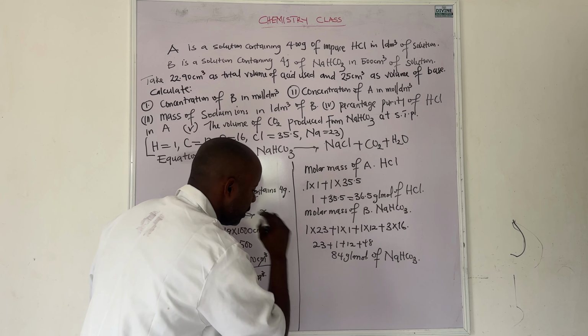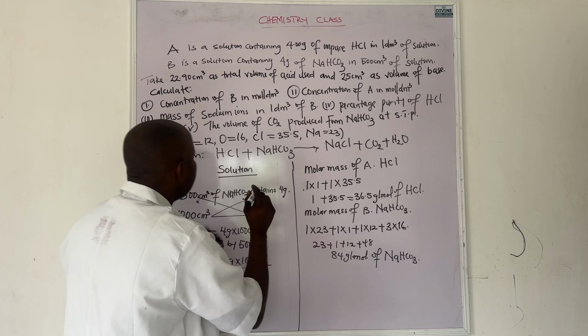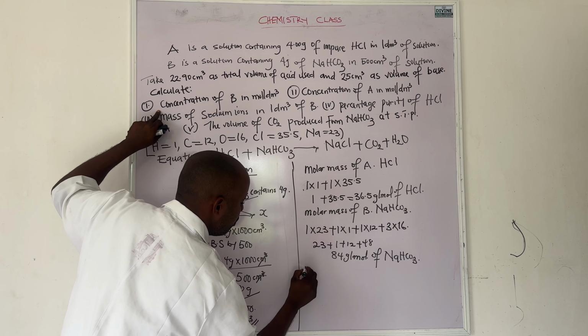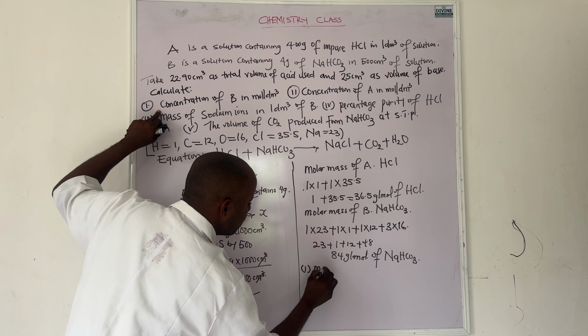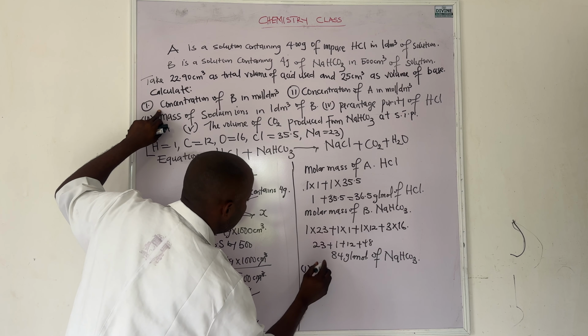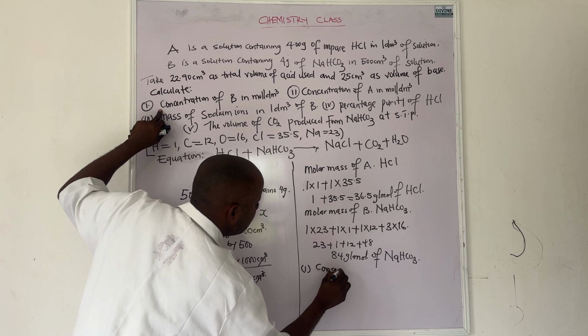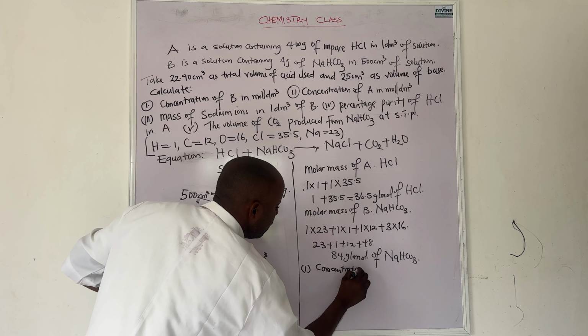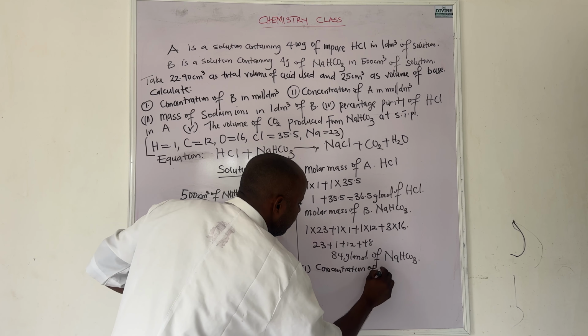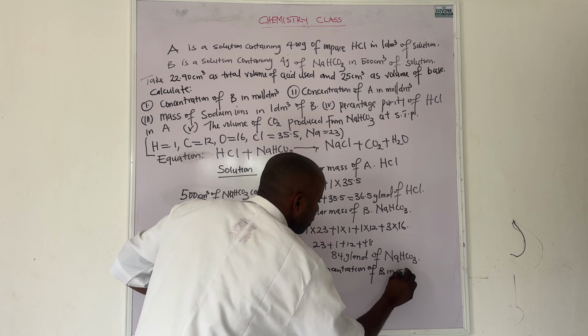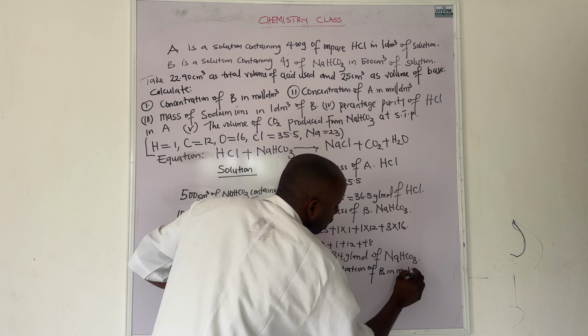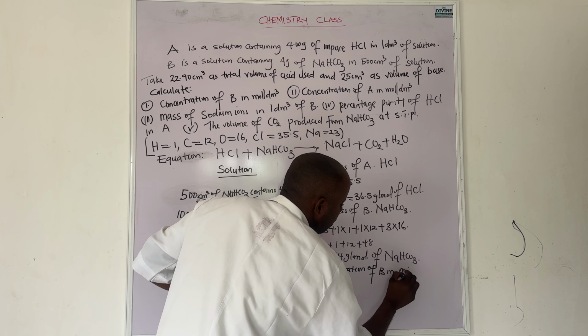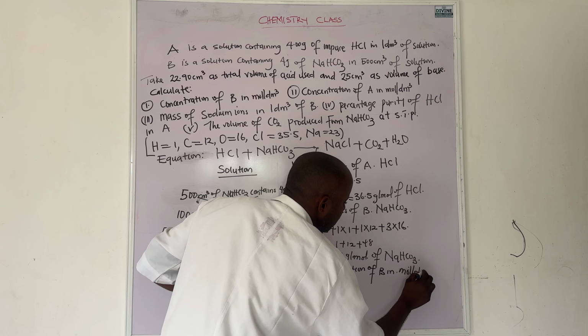So now, let's look for the mass concentration of B in mole per dm cube.